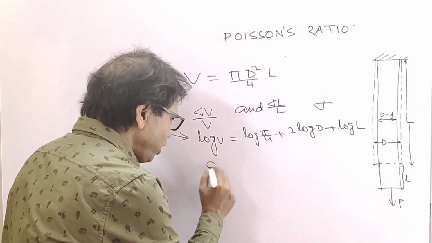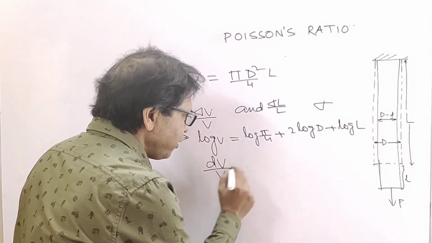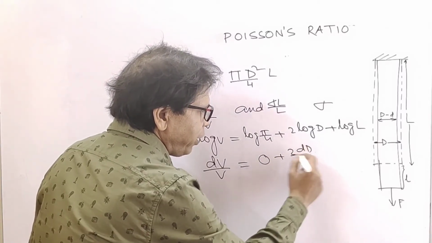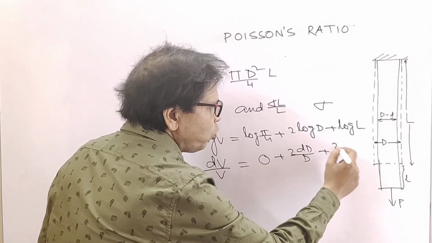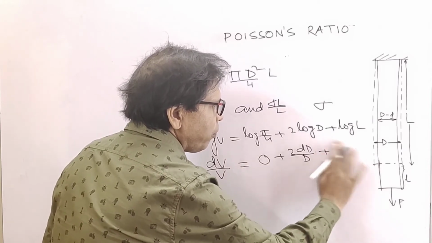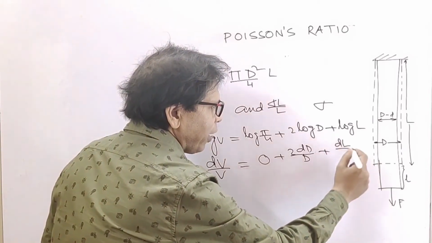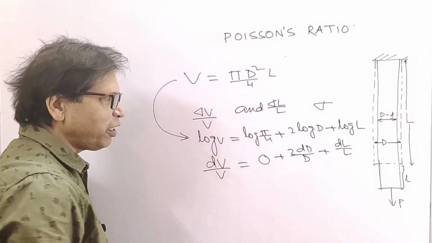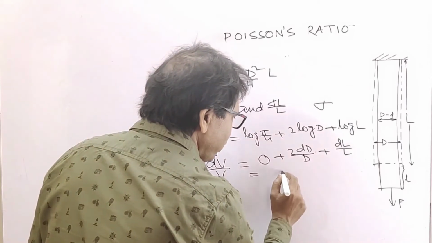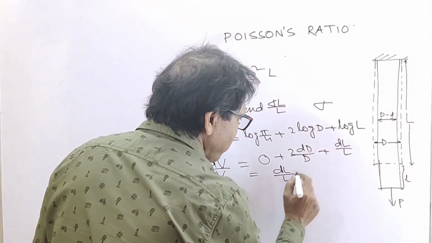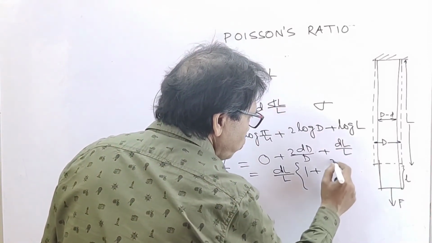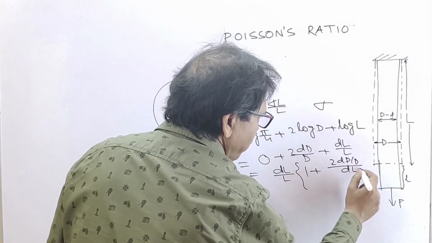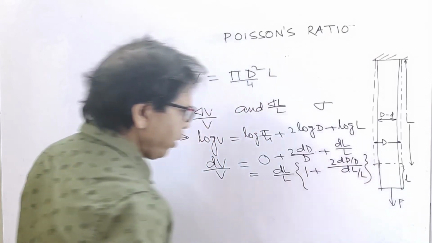Now differentiating this expression. Look at this. This is dV by V. This is 0 plus 2 dd by D plus dl by L. Now dV by V is the volume strain. Look at this. Now this is dl by L times 1 plus 2 dd by D divided by dl by L. Okay.